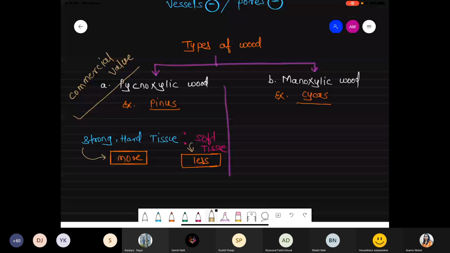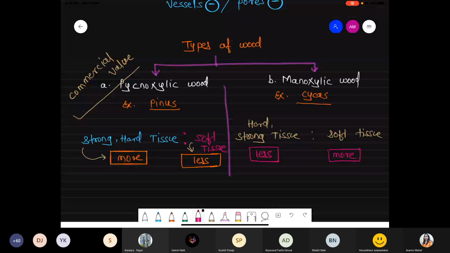Exactly the reverse condition in the manocyclic case. Whenever we are talking about strong and hard tissue, the concentration is less as compared to soft tissue. So इसका concentration होगा less, and the soft tissue is present in more amount.